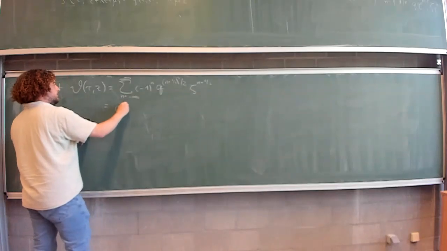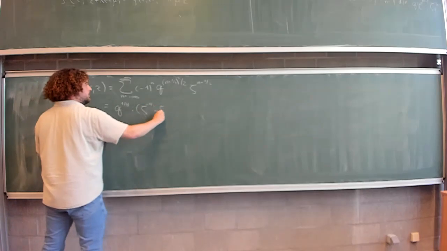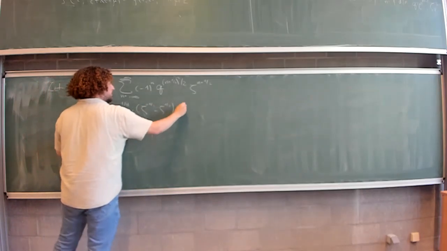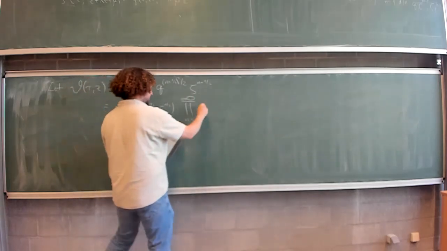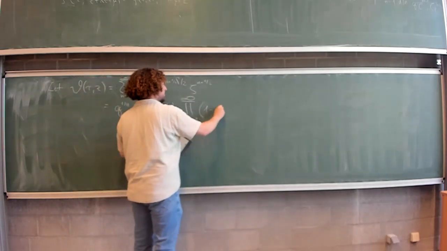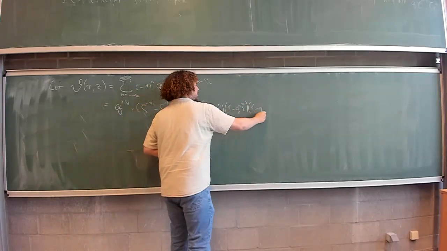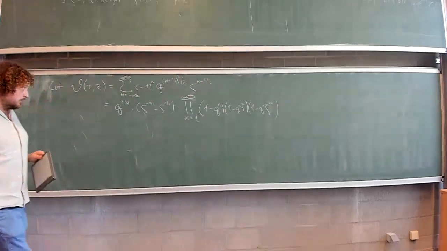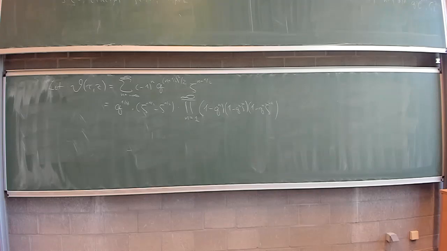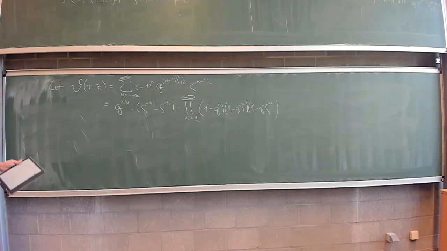You can also write this in the following form: q to the 1/8 times (zeta^(1/2) minus zeta^(-1/2)) times the product from n equals 1 to infinity of (1 minus q^n)(1 minus q^n zeta)(1 minus q^n zeta^(-1)). This is the Jacobi triple product. This is supposed to be essentially the fundamental Jacobi form of non-zero index.